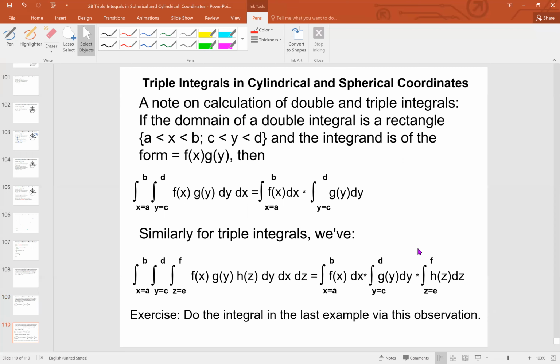These go to 3 dimensions too. Suppose in a triple integral the function in rho, theta, phi turns out to be the product of 3 separate functions, one in each variable. Then I can split the triple integral into 3 parts, calculate each part and multiply the results.